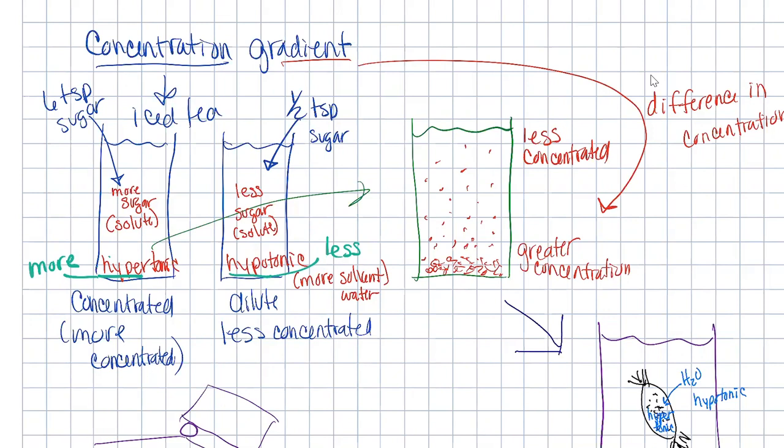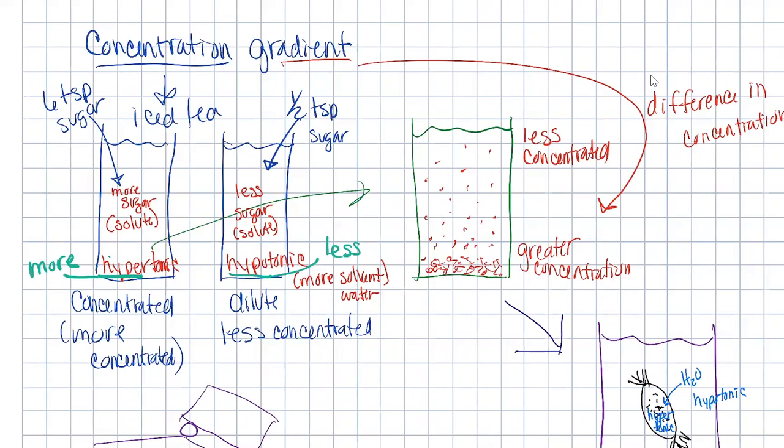Now, in those two glasses of iced tea, there can't be any movement of particles because they're two separate containers. So the sugar or water can't jump from one to the other. If you put them in the same container, like we did the dye, we still have a concentration gradient here.